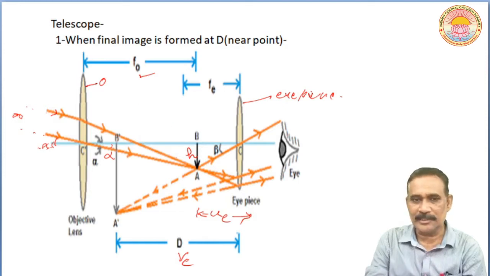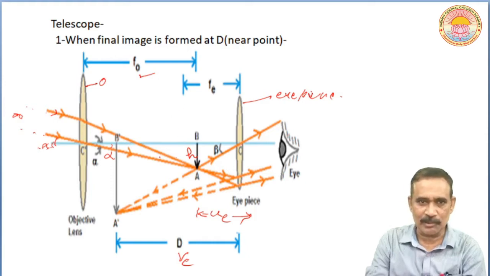So this image AB of height h, suppose the height is h, is the image of this infinite object, and this image acts as an object for the eyepiece lens, and we have to make the final image at D. So the position of this image, as an object for the eyepiece, should lie between the optical center and the focus of the eyepiece.